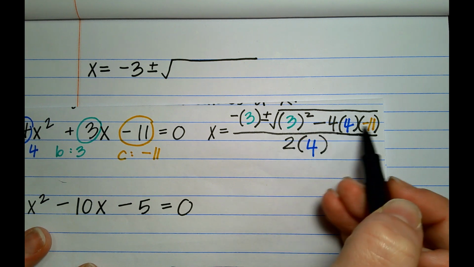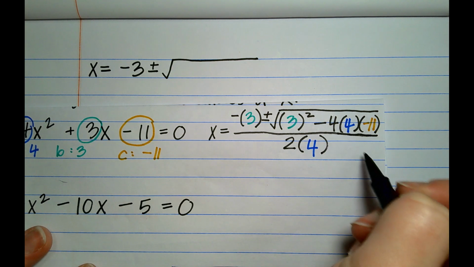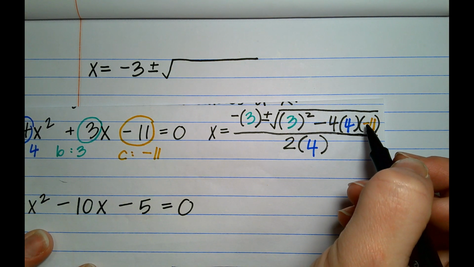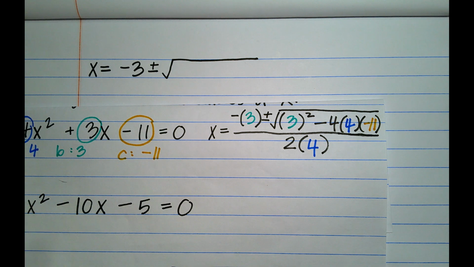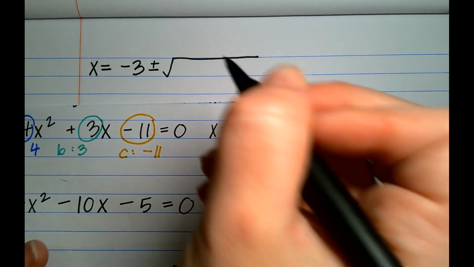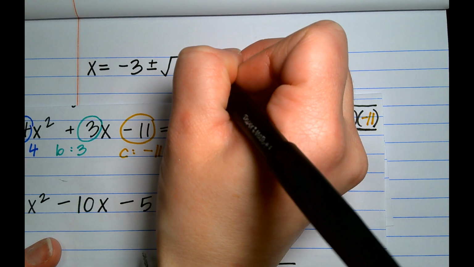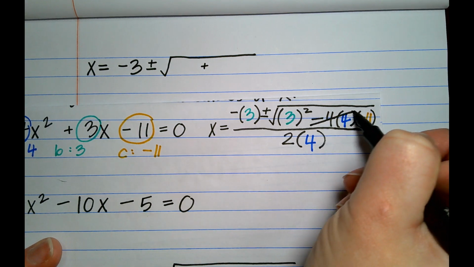We could do the multiplication. So we have negative 4 times negative 11. What is that going to give us? 176. Is that positive or negative? Positive. So I just simplified this part.